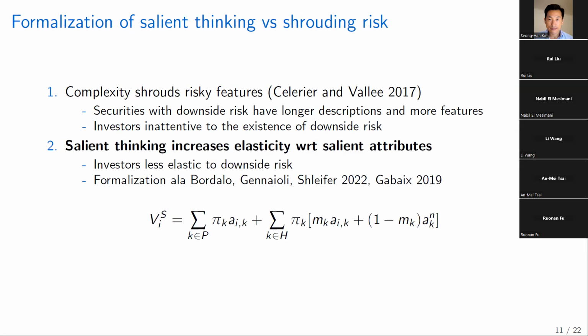In my context, my formalization of salient thinking about these attributes is very similar to the formalization of Bordalo, Gennaioli, and Shleifer, together with Gabaix. It formalizes the notion that attributes that are not quantified, such as the knock-in barrier option, affect investors differently: investors do not observe how much these features affect the expected return or the fee, and as a result, they are less elastic with respect to these features. So it's not a story where they would completely disregard these features and wouldn't realize that these securities are risky. Instead, they are less elastic to these features as compared to the features that are saliently displayed.